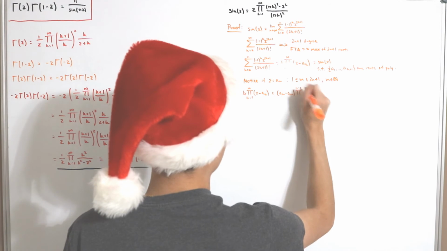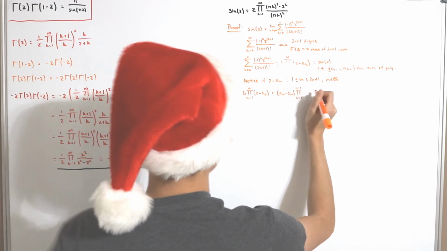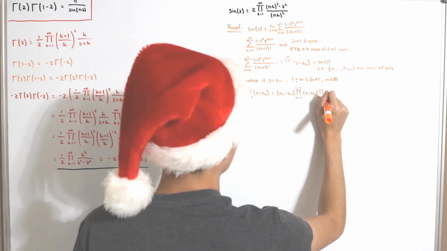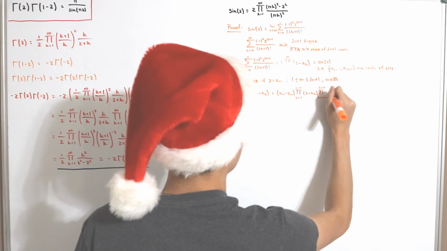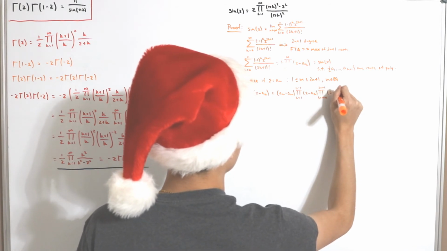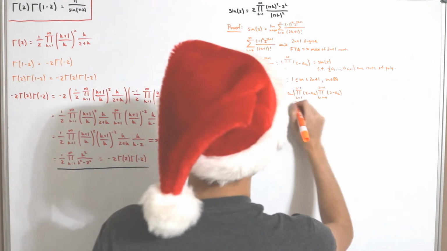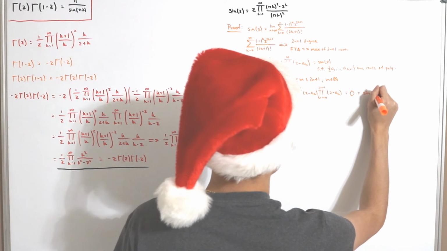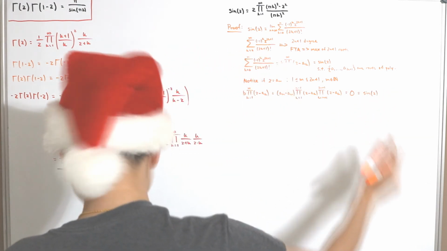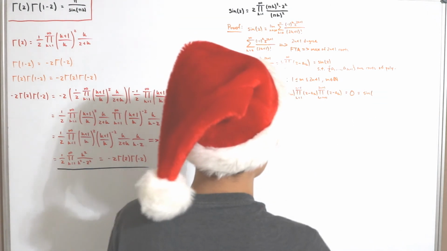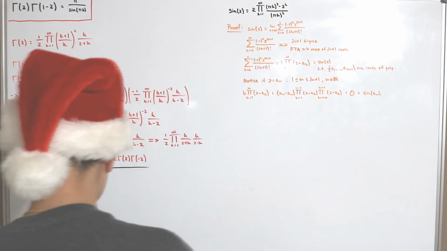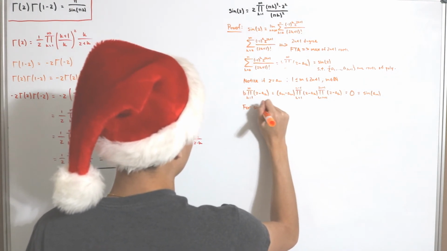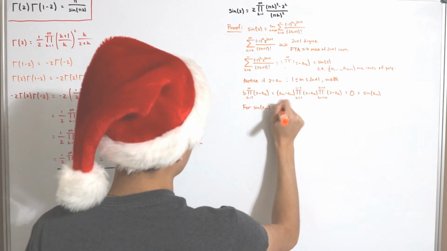Our upper index is m minus 1, starting at k equals 1, of (z minus a sub k), multiplied by our product with k equal to m plus 1 all the way up to 2n plus 1 of (z minus a sub k). You can see that this is just equal to 0, and that's our sine of a sub m, which is supposed to equal 0.